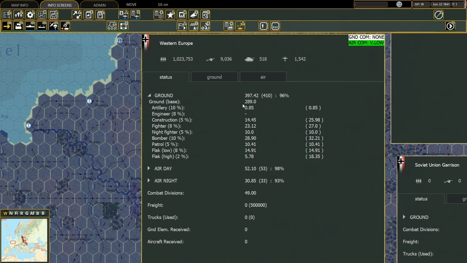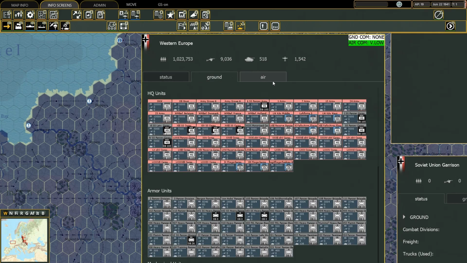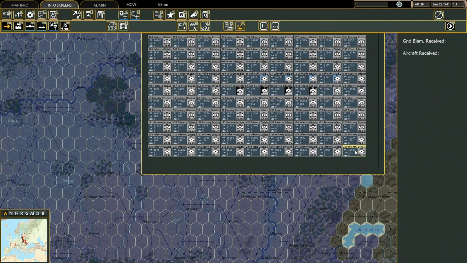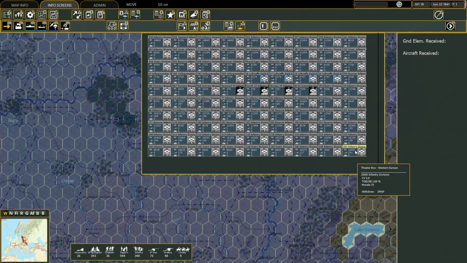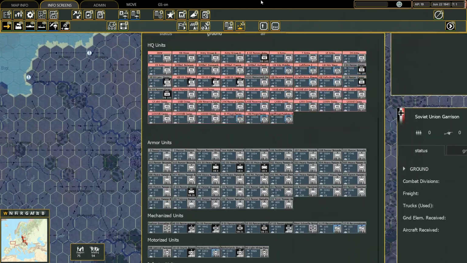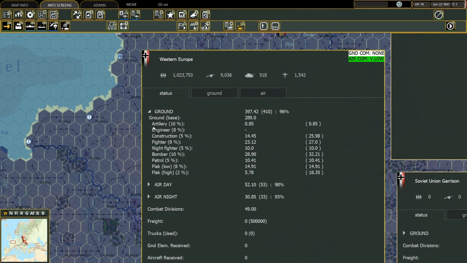And this number here, from what I understood, is the sum of all the combat values of all the ground units present here. Ground units that, however, do not include artillery, engineer, and construction, and also flak, low, and high.